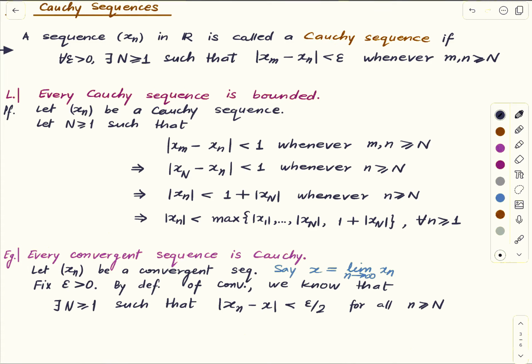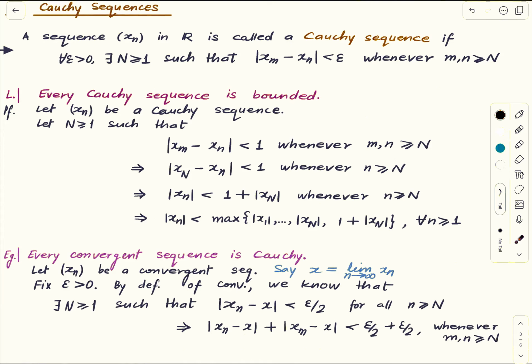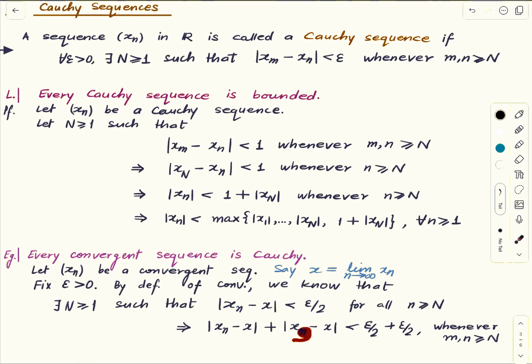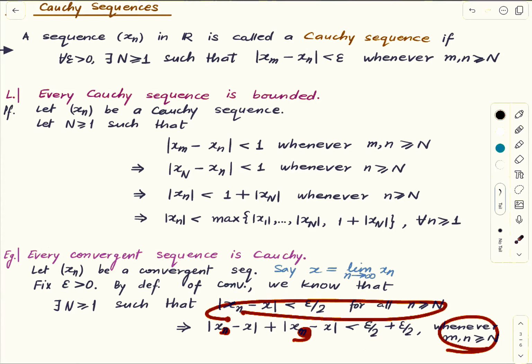Therefore, this is at most epsilon by 2 plus epsilon by 2 whenever little m and little n are at least capital N. So what happened? There is some big enough N such that this is true. So we just used it 2 times. Once we used the index m, the other time we used the index n.